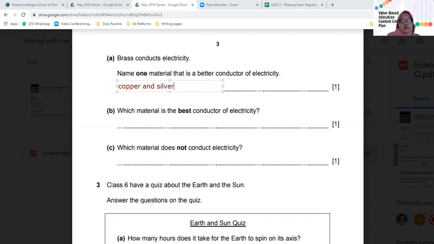You can choose one of them because the question is to name one. Which material is the best conductor of electricity? Definitely the very bright one, which is silver. But since silver is quite expensive, we use the universal one, copper. It's cheaper. Which material does not conduct electricity? Definitely the plastic.